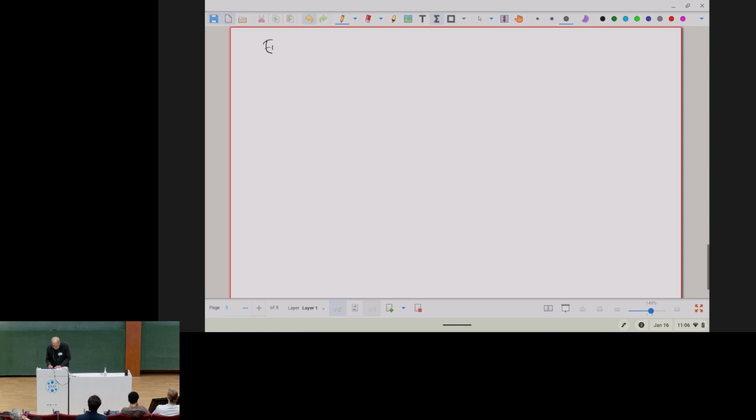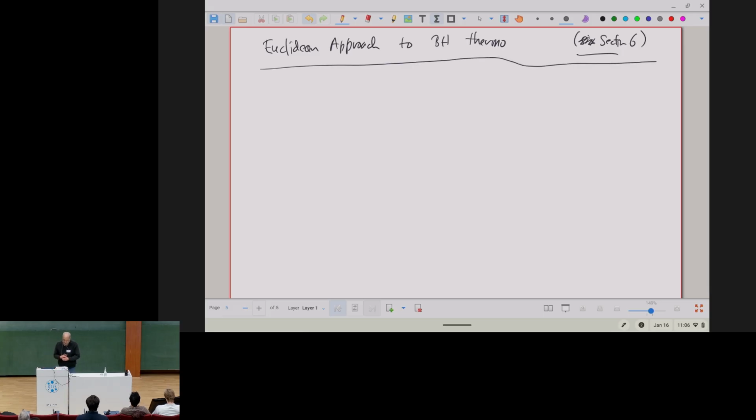So today we're going to start with the Euclidean approach to black hole thermodynamics, which actually corresponds to section 6 in my lecture notes. So this started with the work of Gibbons and Hawking, not too much after Hawking's discovery of black body radiation from a black hole.